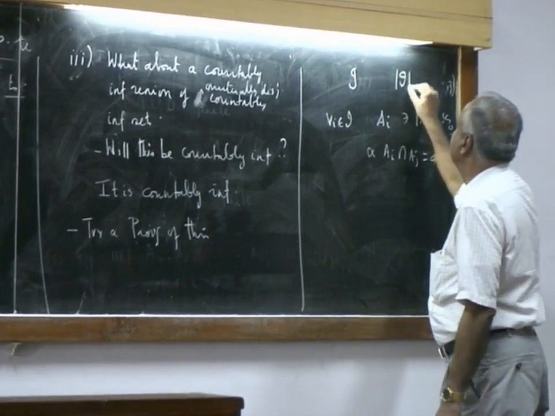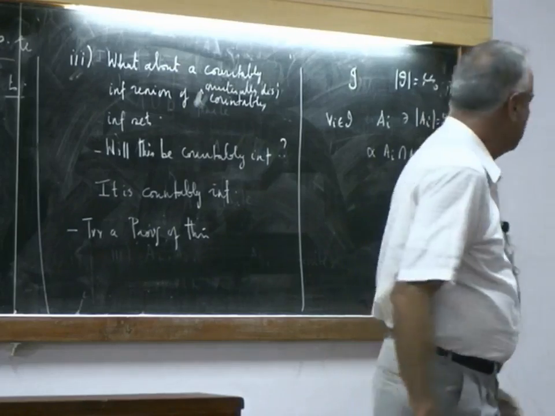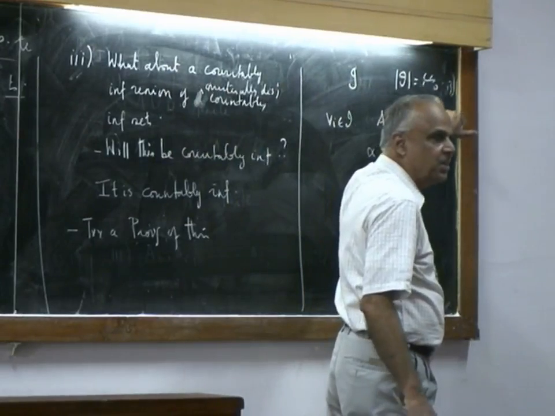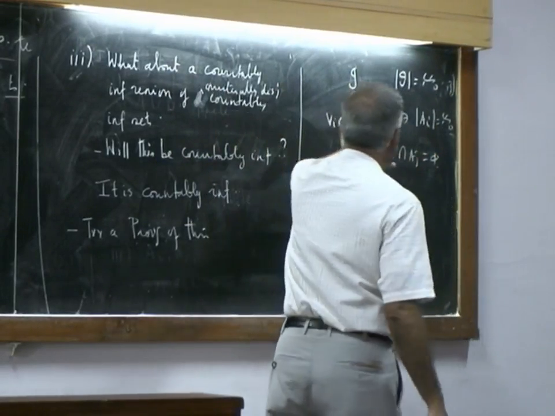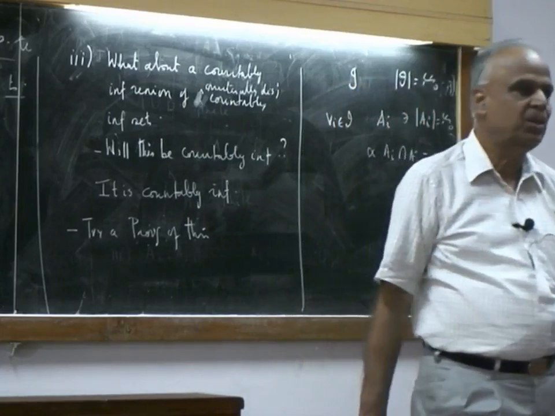And this index set is also countably infinite. So that's what a countably infinite union is. The indexing set is countably infinite. The sets involved are countably infinite. They are all disjoint.